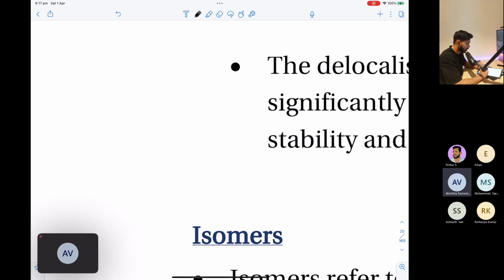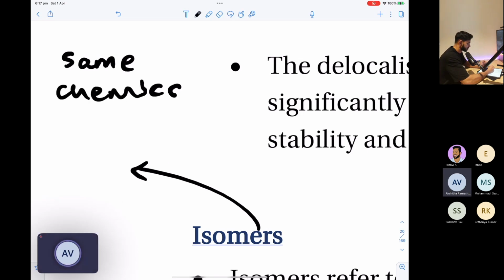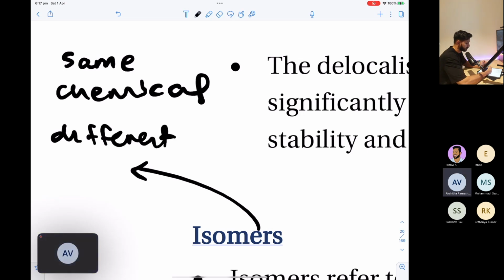An isomer is when two compounds have the same chemical formula but are structured differently. Quite literally, same chemical formula, different structural formula. The exact same number of carbons and hydrogens, but drawn out, they're a different compound.